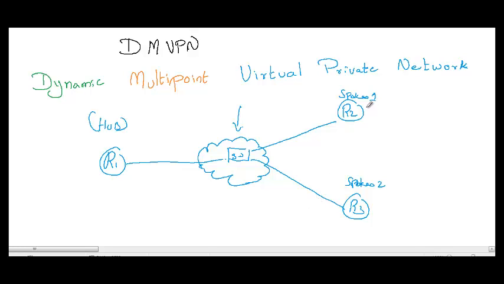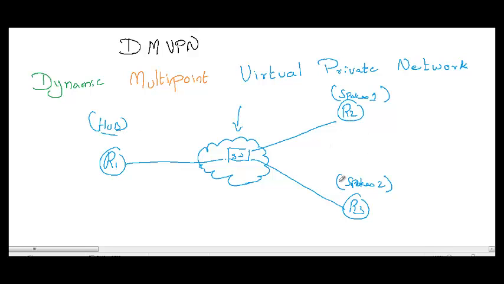Let's assume they are in 3 different locations, and each office is connected to an ISP, and through the ISP you are able to ping from R1 to R2, R1 to R3, and R2 can reach R3 via R1. That's why we call it the hub router.